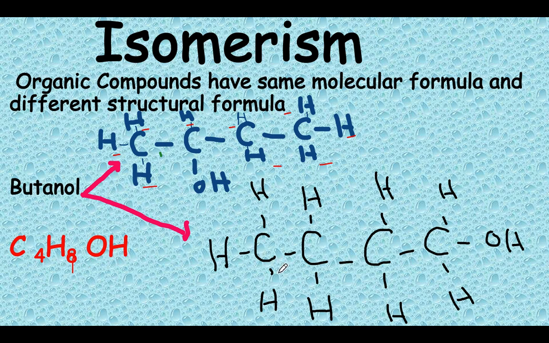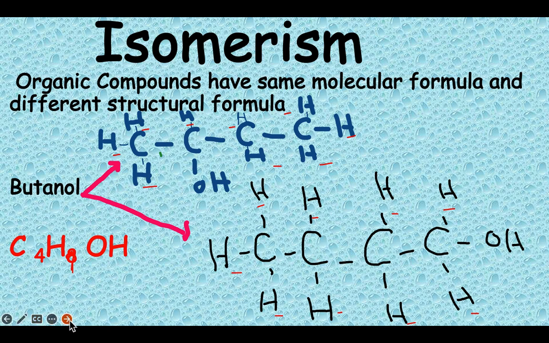Let's count this molecule: 1, 2, 3, 4 carbons. How many hydrogens? 1 to 9. So they have 9 hydrogens here as well, and the OH. So they have the same molecular formula. The numbers of carbons and hydrogens are the same.